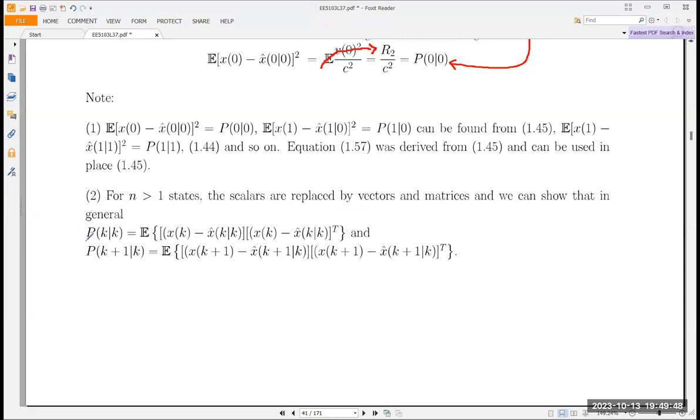So PKK, we always use just this square because it's scalar. But when we deal with vector, then it will be this, the estimation error, this, a square means this times the transpose of this. Scalar, no such thing as transpose, so we just put a square.